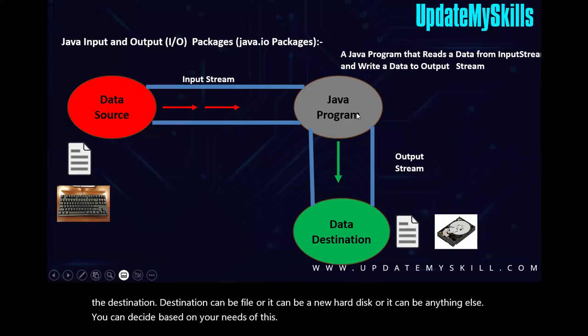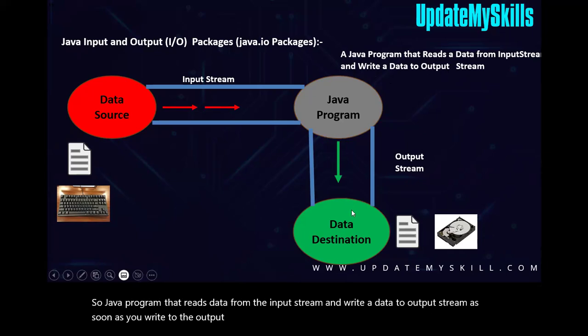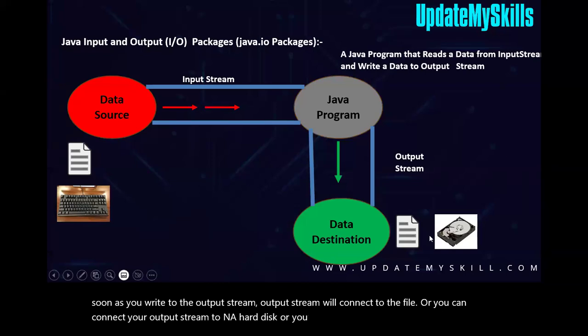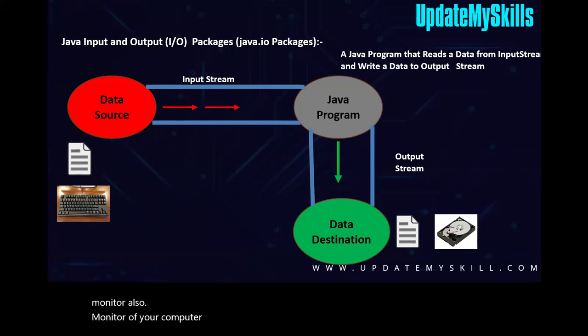So a Java program reads data from the input stream and writes the data to the output stream. You can connect your output stream to a file, or to a hard disk, or to a monitor also. The monitor of your computer system is also an output stream.